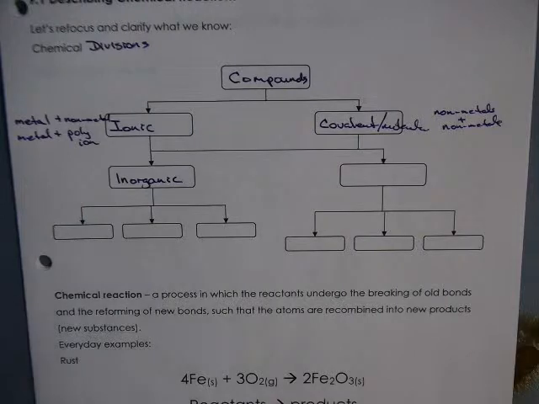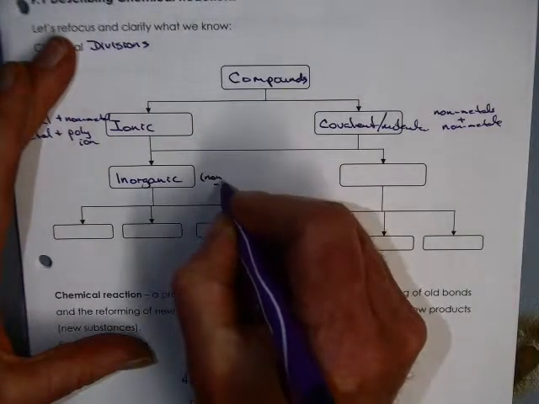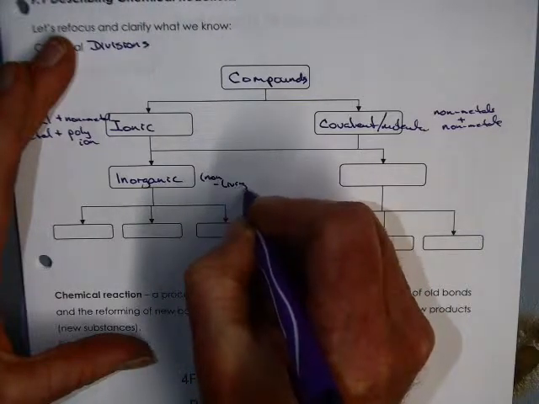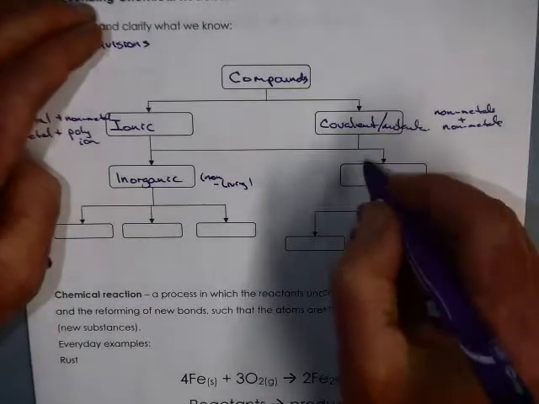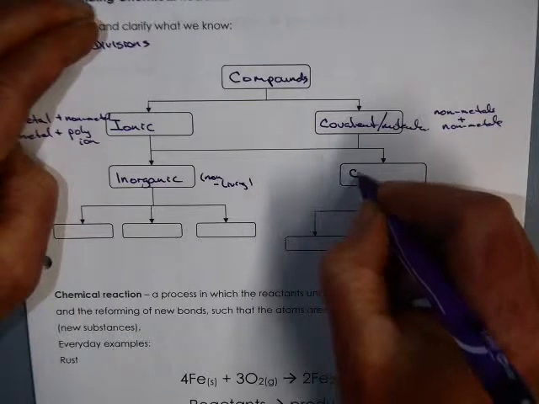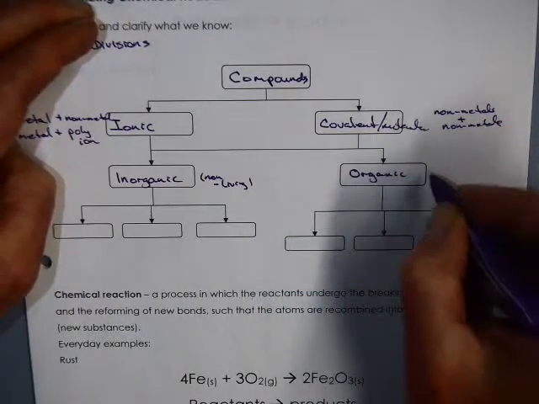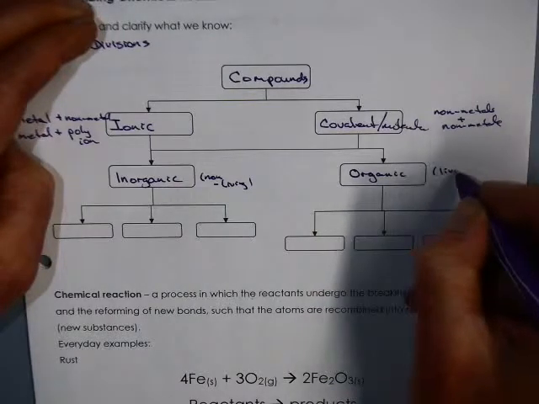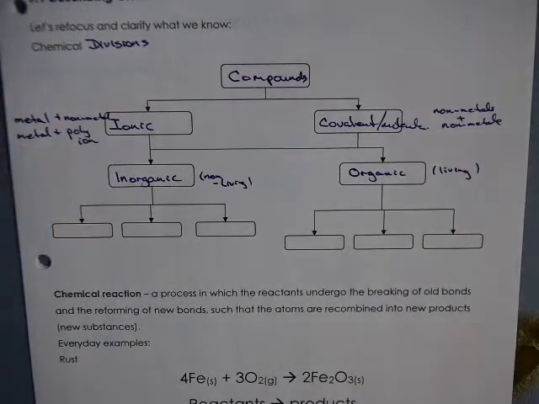This is from non-living. Okay? But there are also, as we talked about in the last chapter, the organic side. So these are chemicals that are from a living source or were living. Okay? So far so good?